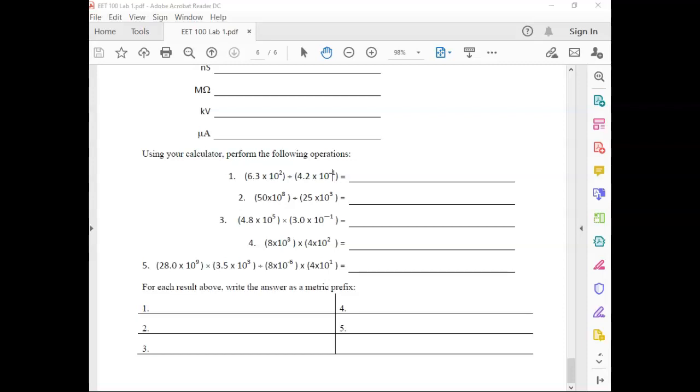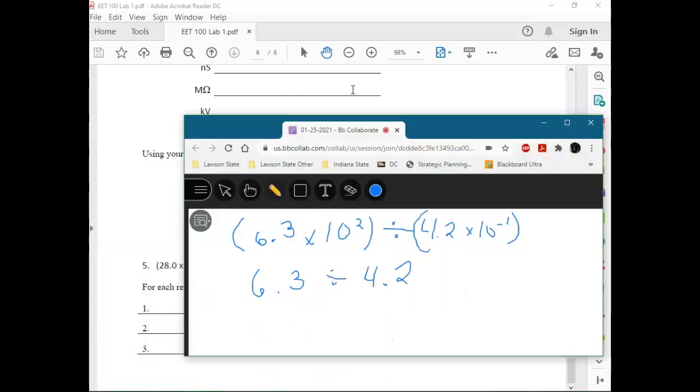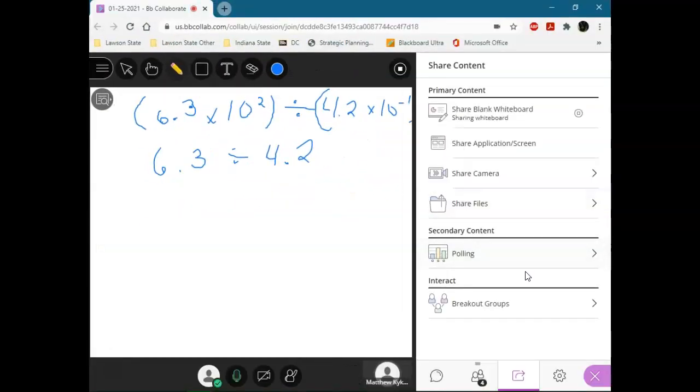So what I need to do is bring my 6.3 down and divide it by 4.2. Bring this on over here. All right. And then I'm going to bring down my 10 to the second. And I'm going to subtract 10 to the negative 1.